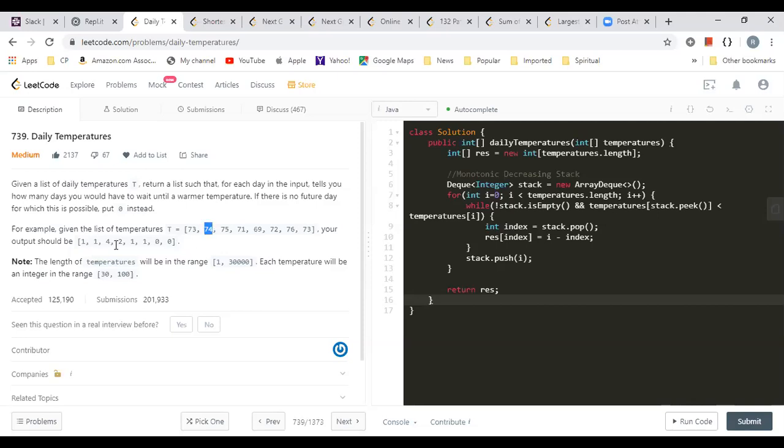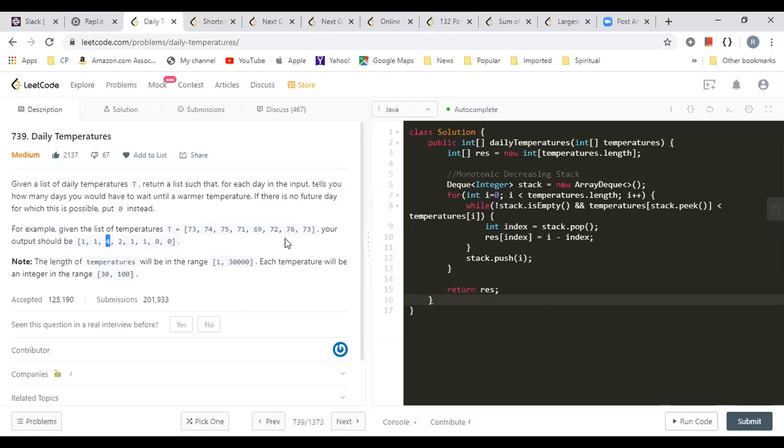For 74, it will again be 1 because 75 is the next warmer day. Here is the interesting one, 75. For 75, you have to wait through 71, 69, 72, and then 76. So there are 4 days in between before you get a warmer day. That's why for 75, this value is 4, and so on.